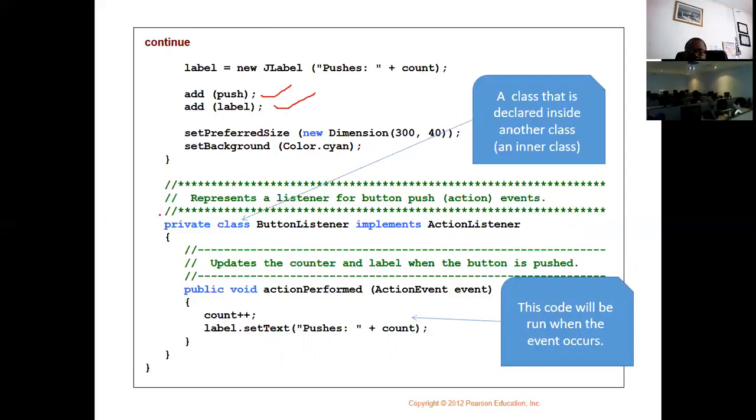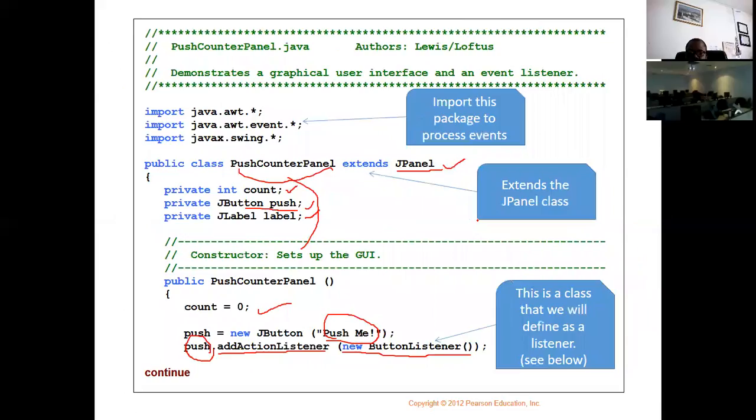Now notice that we create a class inside the current class, which is called an inner class. This class is called button listener, and it implements the action listener interface. Notice around here, the action listener takes in a button listener.